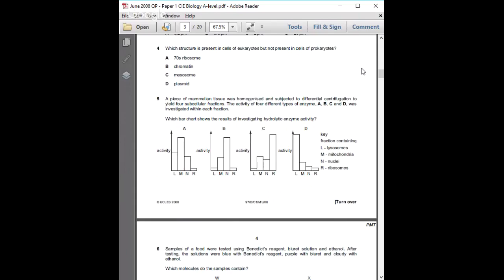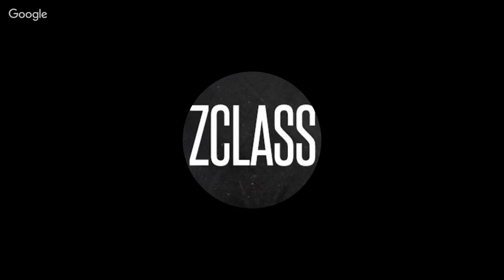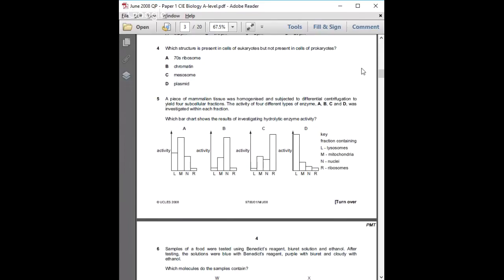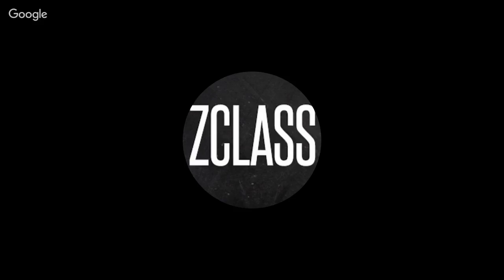Good. It's not plasmid. Chromatin is DNA plus histone, which I think is present in both. So I go for mesosome. I don't really know what mesosome is.